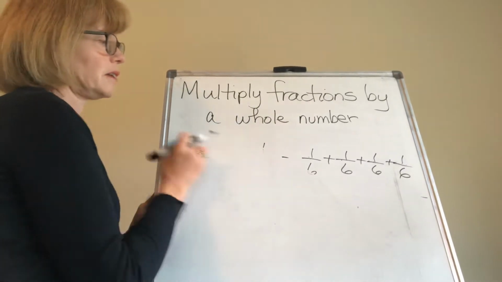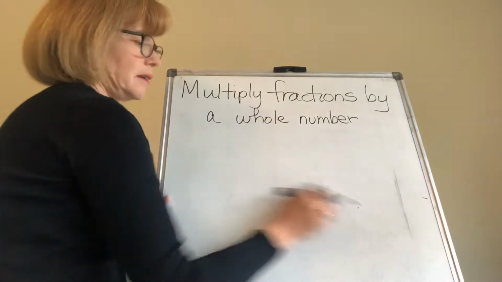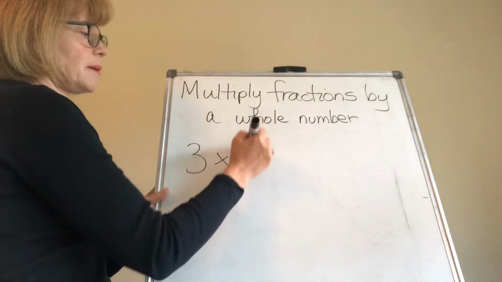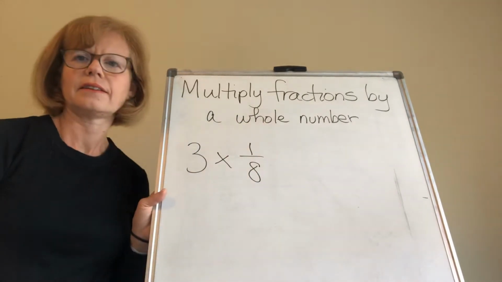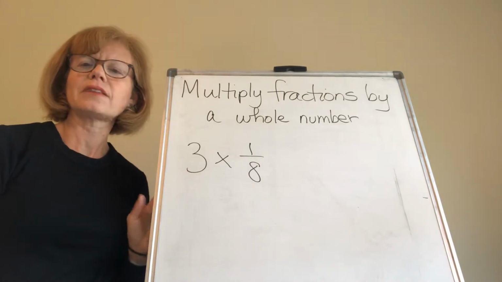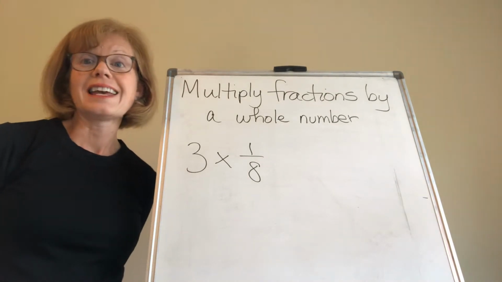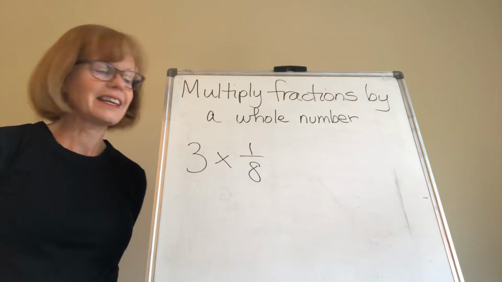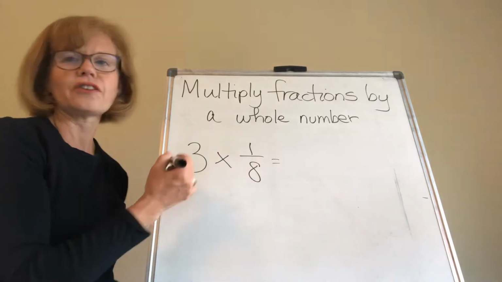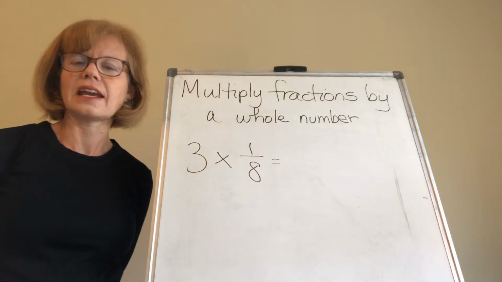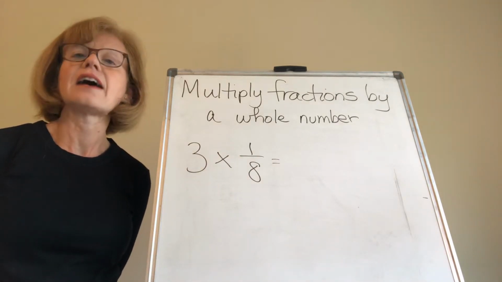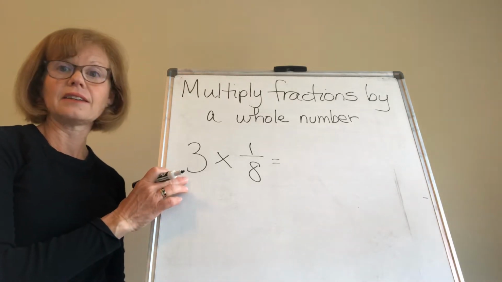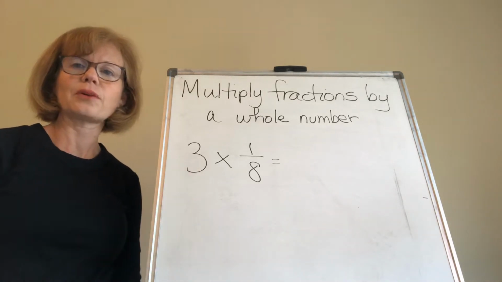Let's try another one. 3 times 1/8. All right, make sure you have pencil and paper with you. Could you write the addition equation that is the same as 3 times 1/8? We are saying we have 1/8 3 times. Write it on your paper right now.